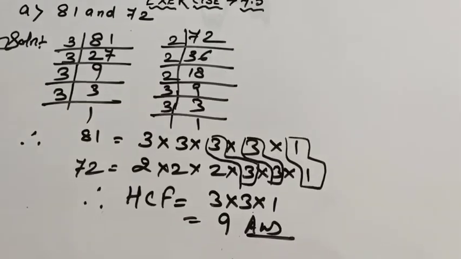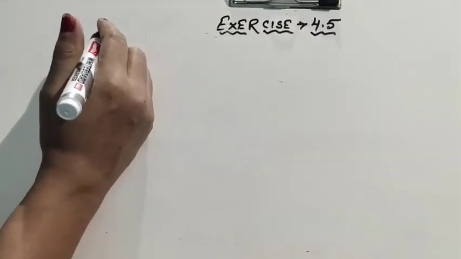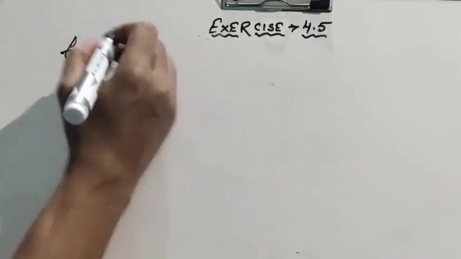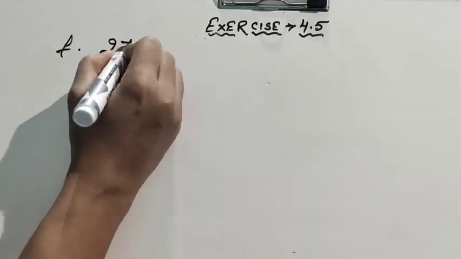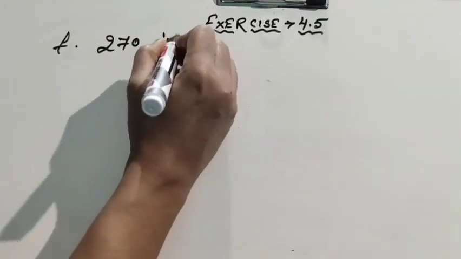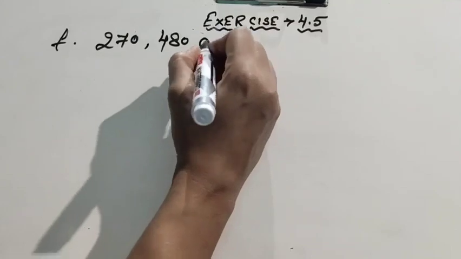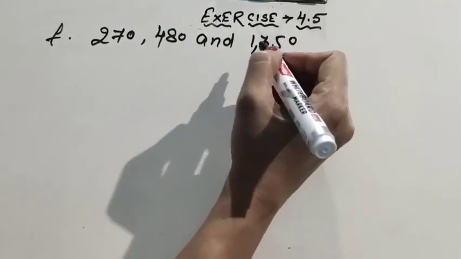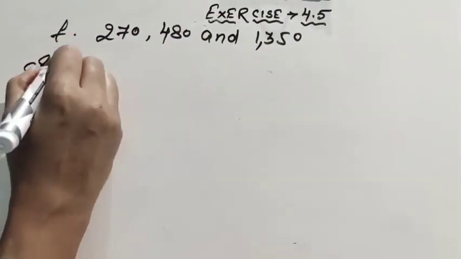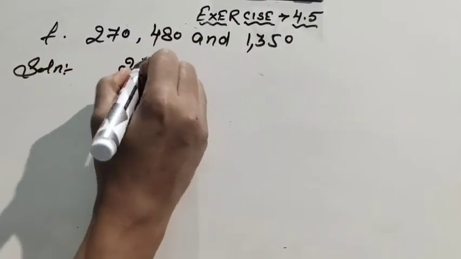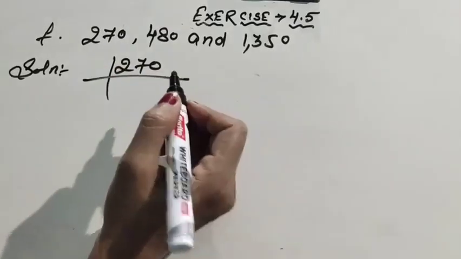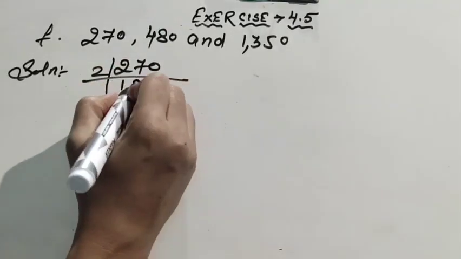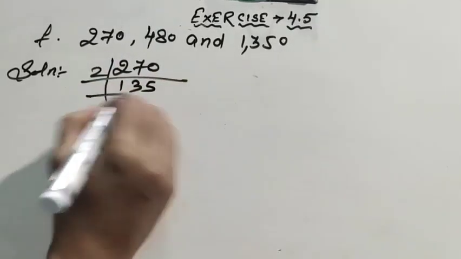One more I have to solve. One more question, question number 5 I have to solve here: 270, 480, and the last one is 1350. Now same process. 270 divide with, first of all, 2. 2 135s are 270.